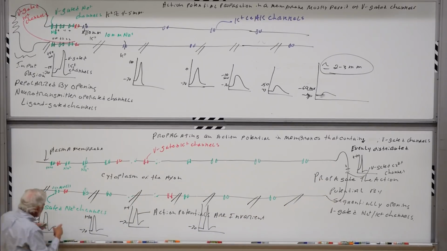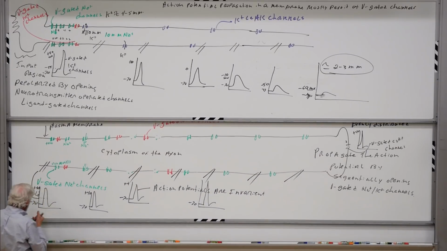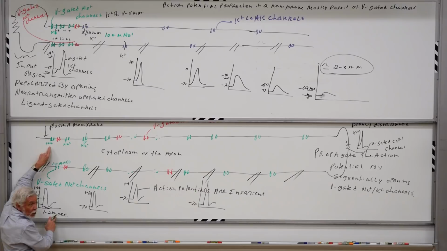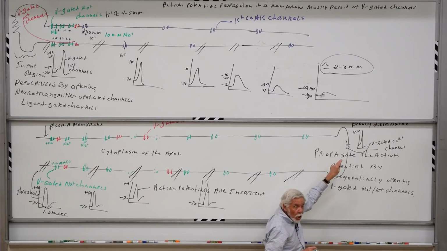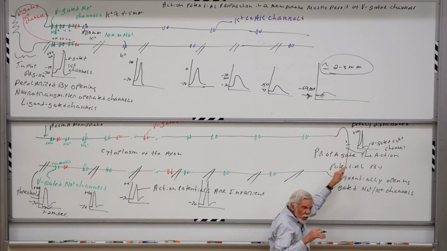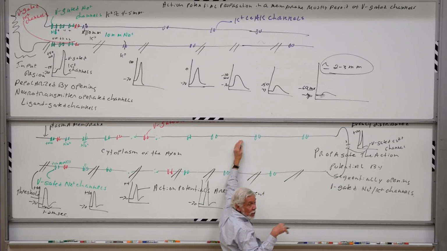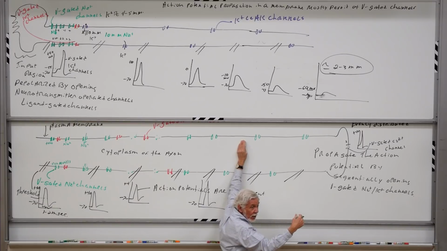Because the duration of these action potentials in here is no more than 1 to 2 milliseconds, this action potential has long repolarized the membrane before the one a meter away has charged. Now, it's true there's going to be kind of a leading edge of depolarization, so that you bring the membrane to threshold, and you have to do that sequentially.